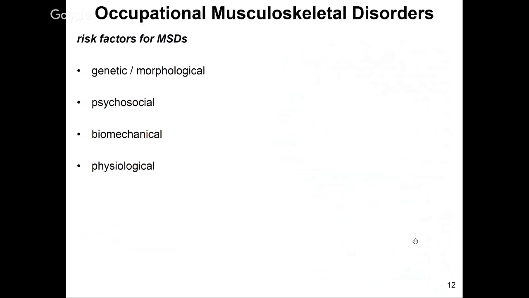And morphological means shape. Morph means shape. So it may be just that the shape of your anatomy puts you at risk. Hopefully that's not the case, because there's not a lot we can do about it except to try and accommodate.